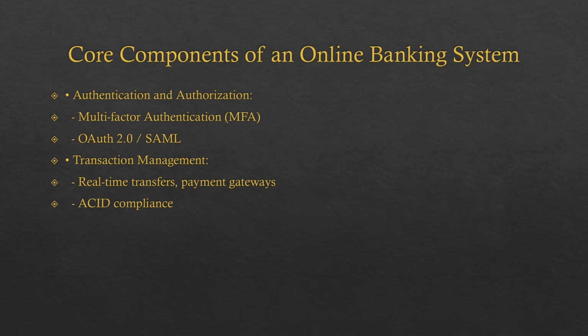Then we have transaction management, which handles real-time transfers, payments, and ensuring data consistency with ACID compliance. Finally, user management ensures that users can manage their profiles, reset passwords, and update personal information, while fraud detection and audit logging help in ensuring the system's integrity.